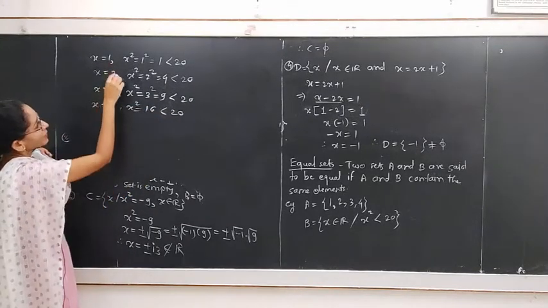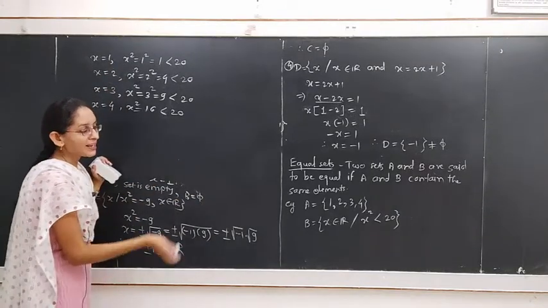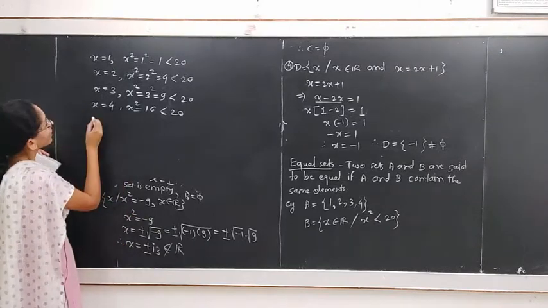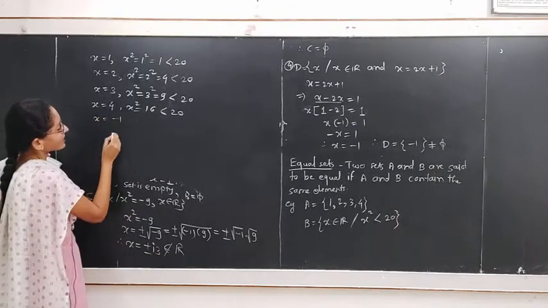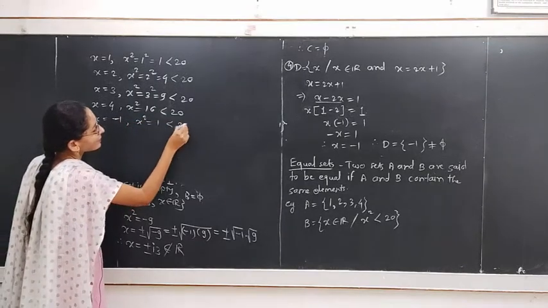Therefore, the elements 1, 2, 3, 4 belong to set B, but B also consists of some other real numbers. If we take x is equal to -1, then its square is equal to 1, less than 20.